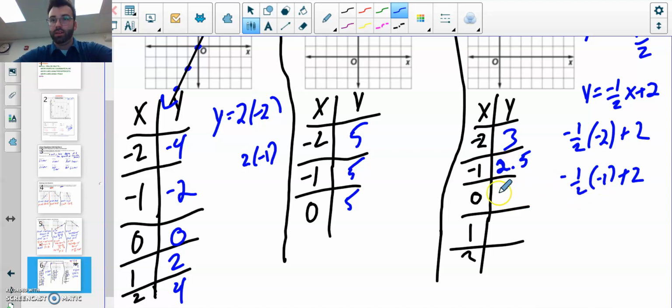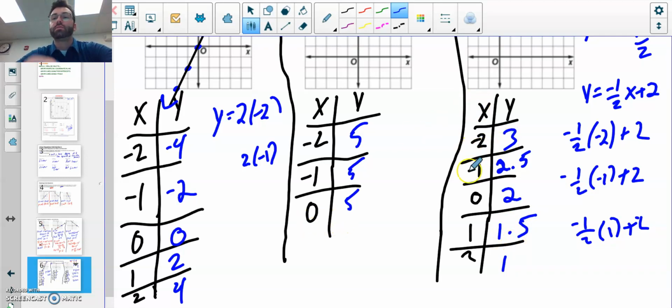For 0, this goes away, I just get 2. Remember, if I plug in 0 for x, I'm actually finding my y-intercept. If I plug in 1, I'll get -1/2 times 1 plus 2, which will give me 1.5. And then I will get 1 there.